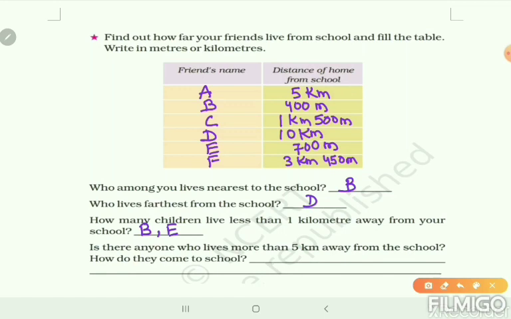So yes, D lives more than 5 kilometers. How do they come to school? They come by car or bus, whatever. Okay, so this is some of the application in real life which you can find from your friends and complete this page in your textbook. Let's see the next page.